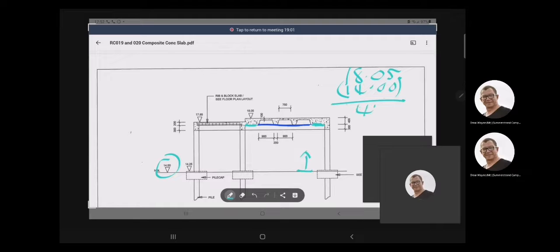That gives me 4.05, and I then deduct the thickness of my slab of 400, and that gives me 3.65. So my category is exceeding 3.5 and not exceeding 5 meters.